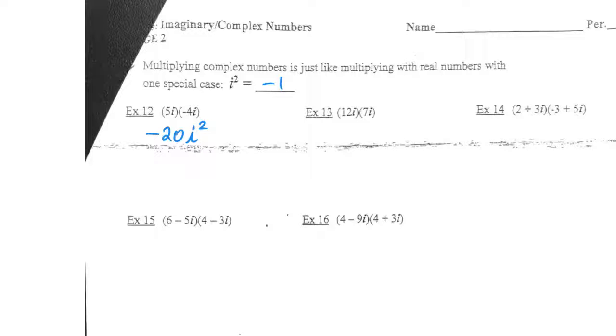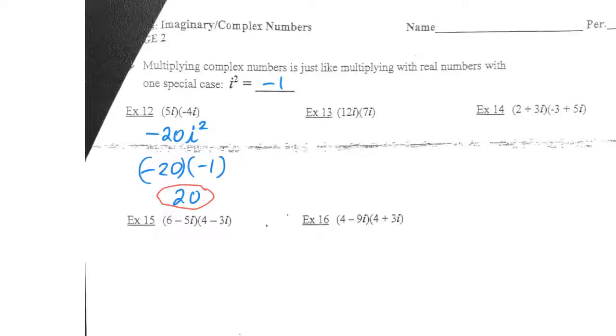But we know that i squared is equal to negative 1, and so we're going to rewrite this thing. We're going to write it as negative 20 times negative 1, and of course I have a negative times a negative, and that is going to give me positive 20 as my final answer, right? That i squared has to be rewritten as a negative 1. You cannot leave it as an i squared. And so once it becomes a negative 1, negative 20 times negative 1 is a positive 20.